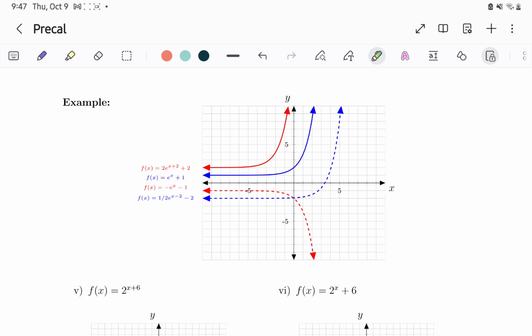And since we have this vertical shift down 2 units, this causes the horizontal asymptote to move to y equals -2 now. So you can see that's going to be the horizontal asymptote right there for our graph in dashed blue.